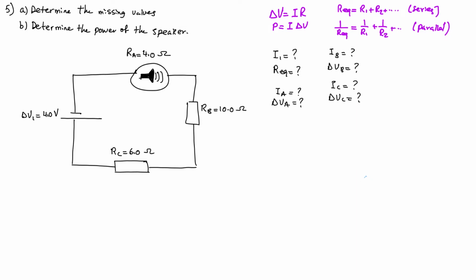In this situation, we don't really need to care about this. We only have to worry about the equivalent resistance here, possibly. There's one other equation that I don't often write, and that's equivalent resistance can also be calculated through the potential difference across the battery over the current across the battery. So that's another equation. I often don't write it down.